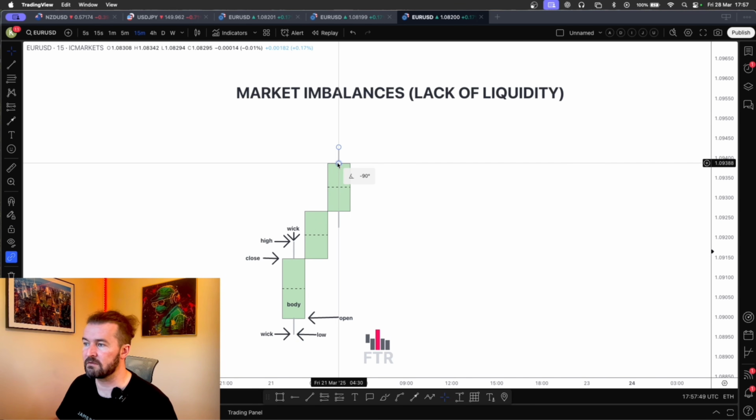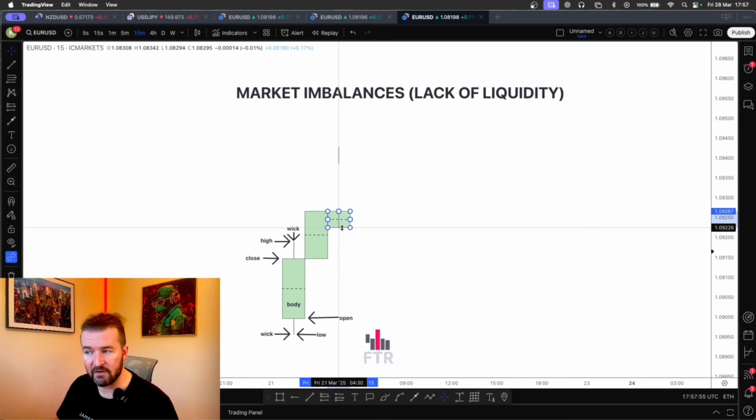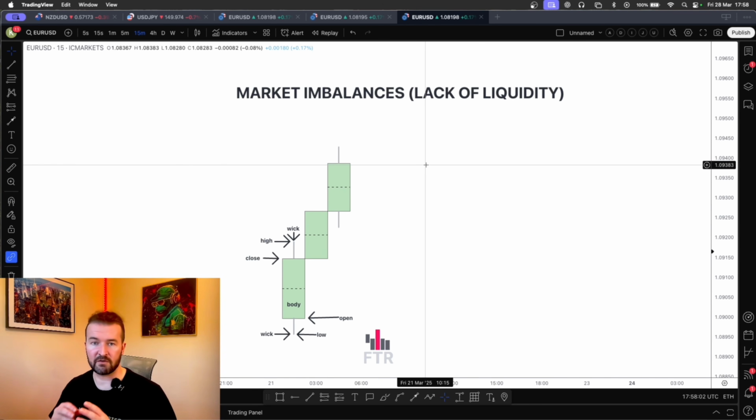Now, this candle was created, okay? Again, it started off just here, price came down, it would have been a red candle at this stage, and then it worked its way up to here, and then it closed there. So you've got the 3 candles in place. A key part to my trading is determining where these imbalances are. I want to see where there is liquidity in the market.